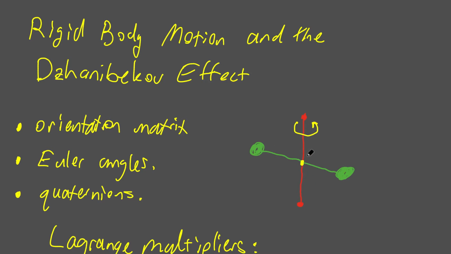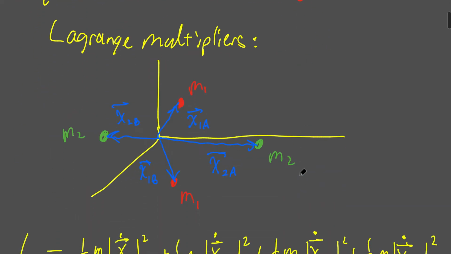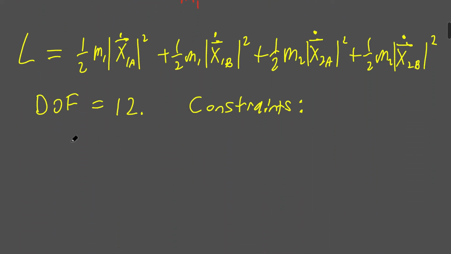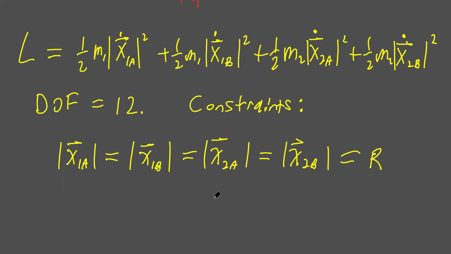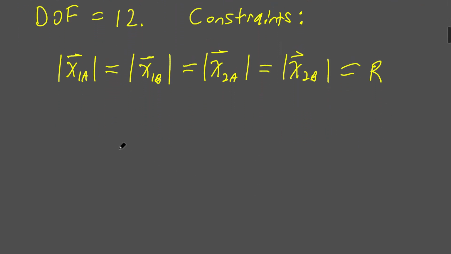Okay, and we'll let the length of each strut be 2 times R. So this distance from the origin to each of the masses is capital R. So we have 4 constraints, namely that the magnitude of each of these position vectors should be equal to capital R. So this is x1a equals x1b equals x2a equals x2b equals R. So these 4 constraints tell us that the 4 masses must move on the surface of a sphere of radius capital R. Let me draw the masses again.